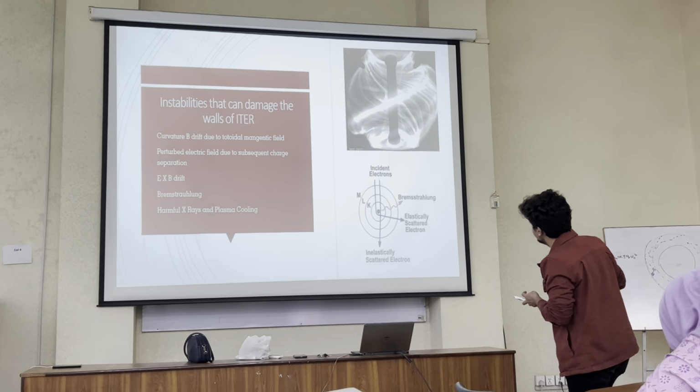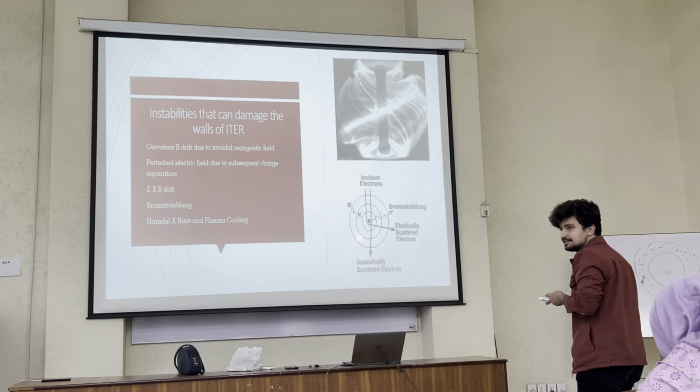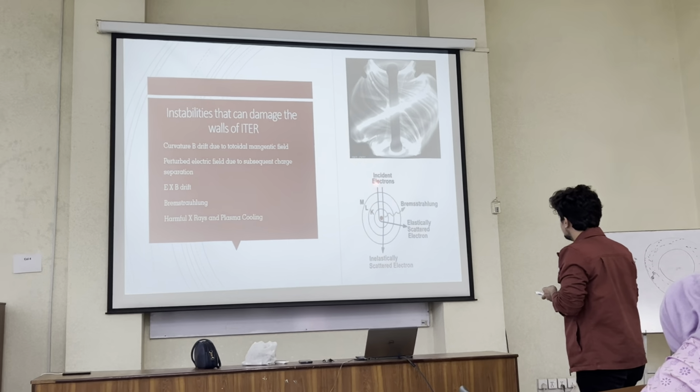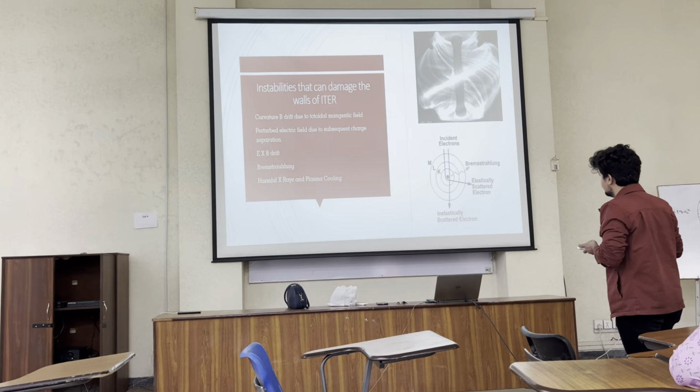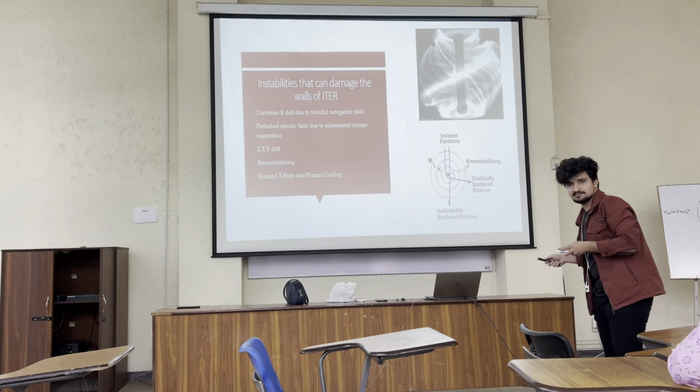And now this heavy nucleus will be in the path of those highly energetic electrons. When that electron passes through the vicinity of that heavy nucleus, it will deflect, causing a scattering which will lead to bremsstrahlung radiation.